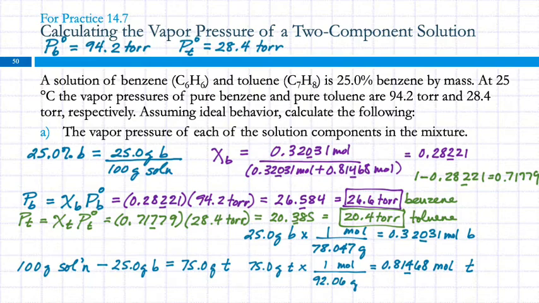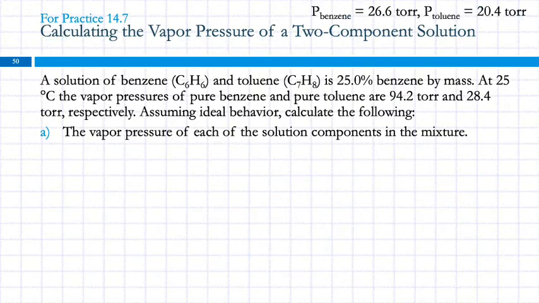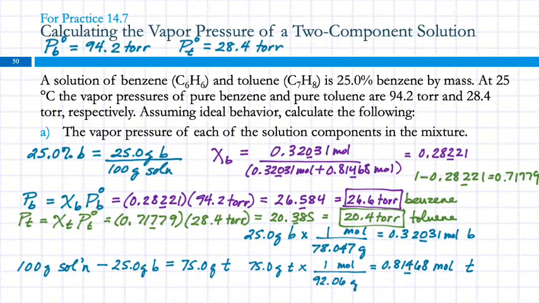I could calculate it by doing this thing again, but with the 0.81468 in the numerator, I get the same number, but it's just kind of tedious. Any other questions? 26.6 and 20.4. Yes.